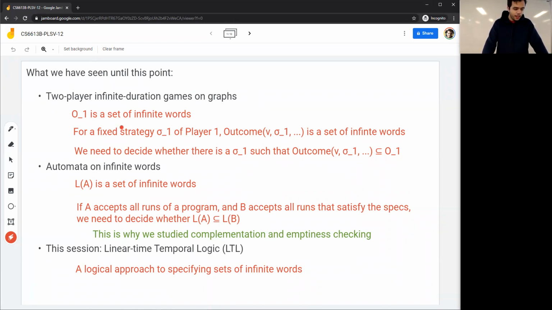Another set of infinite words that we were really interested in was this: if we fix a strategy for player one, and take all the possible outcomes of the game, starting from the starting vertex, using this strategy for player one and any other strategy for the other player, this gives you a bunch of different outcomes. And this set is also a set of infinite words.